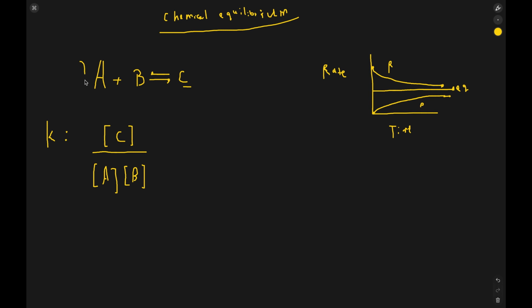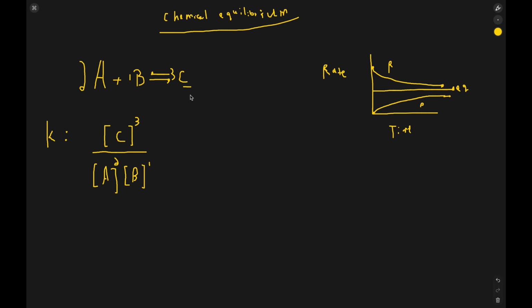So if I had a 2 here and a 3 here, K would be equal to the concentration of C cubed divided by A squared times B to the 1.